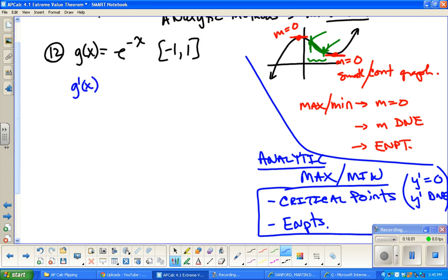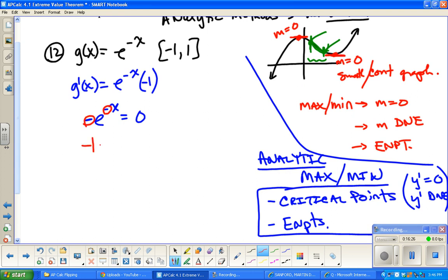So g prime of x, well, the derivative of e to the negative x is e to the negative x times the derivative of the inside. Okay, so we want to know where negative e to the negative x is equal to 0. Now those negatives don't cancel out. This negative is in an exponent, this negative is part of the coefficient.